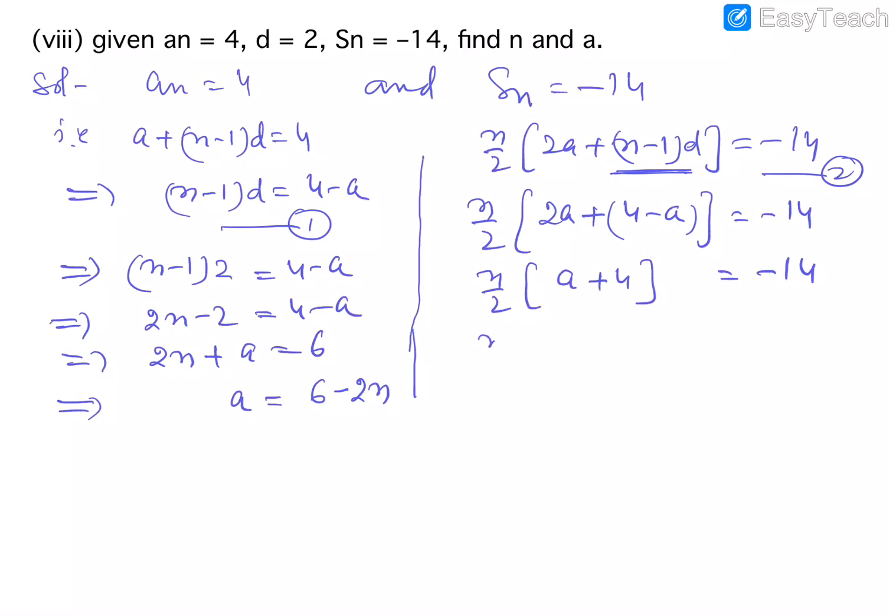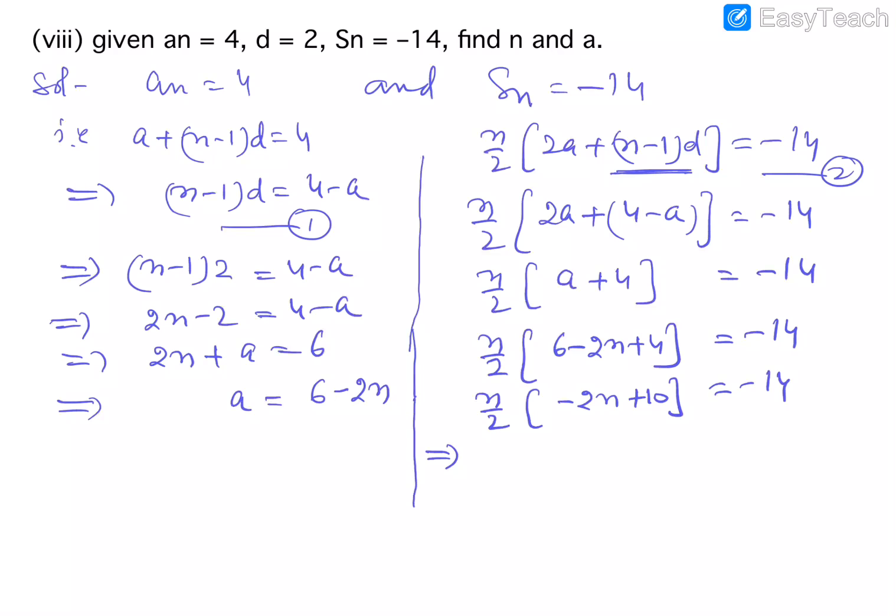Using this here, 6 minus 2n plus 4 is equal to minus 14, or n by 2, and this is minus 2n plus 10 is equal to minus 14. When multiplying these quantities inside the bracket by n by 2, we have minus n square, then plus 5n plus 14 is equal to 0.